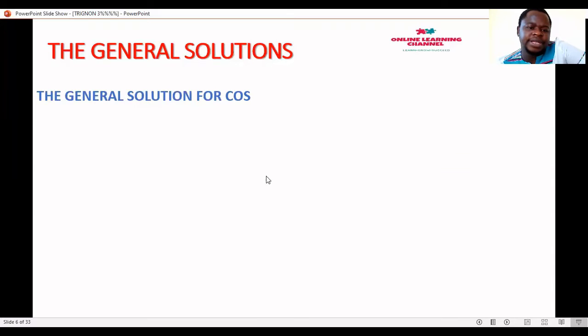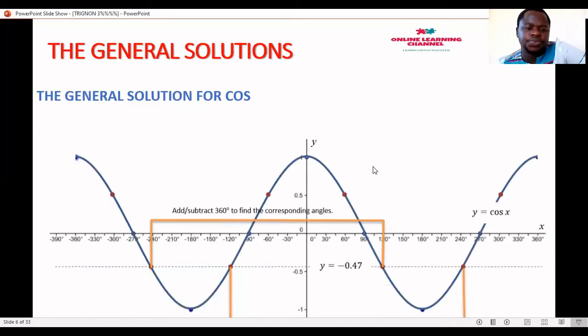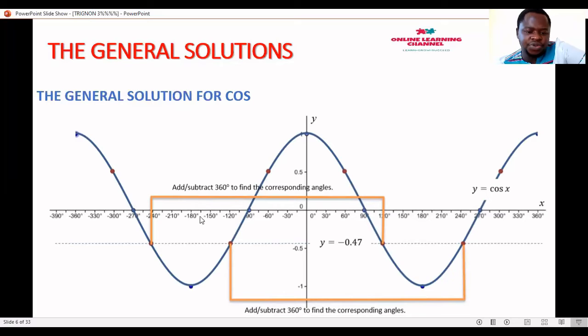Now the general solution for cos. This is the cos graph, right? You will note that from 0 to 90 is our first quadrant, 90 to 180 is the second quadrant, then 270 is your third quadrant, and 360 your fourth quadrant. What is important is that when your y is 0.5, you have got different x values.